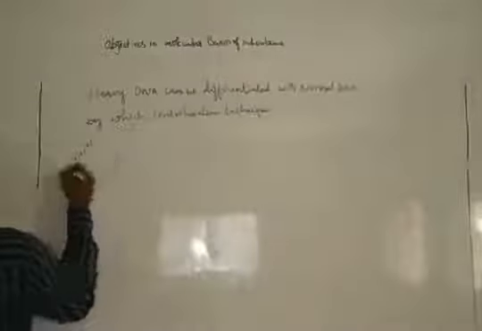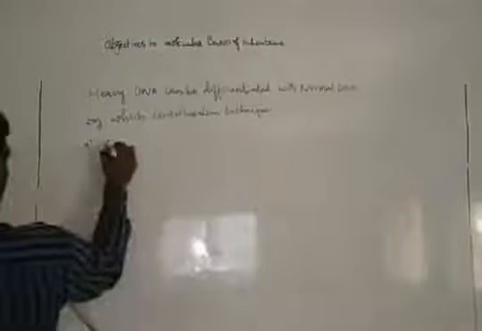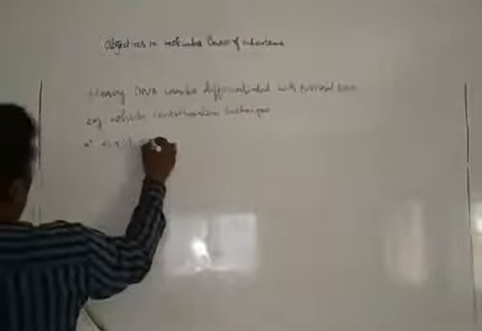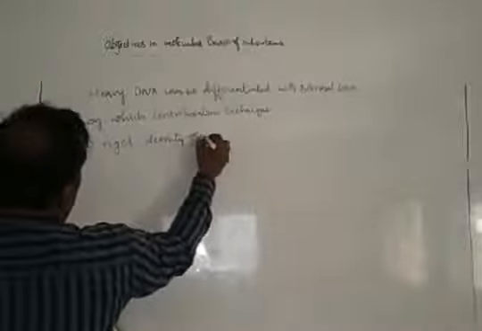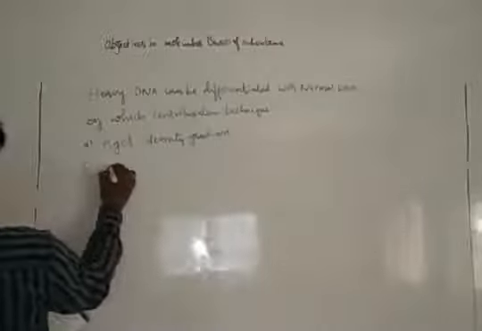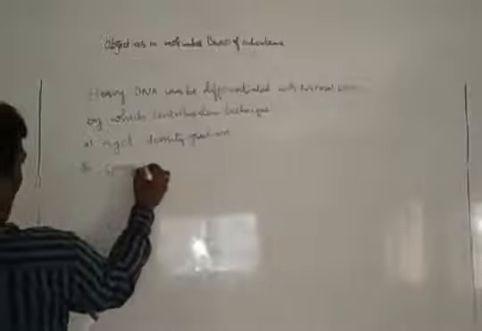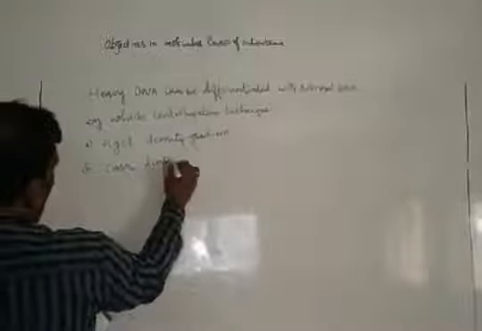The first option is AgCl density gradient. The second option is CaSO4 density gradient.